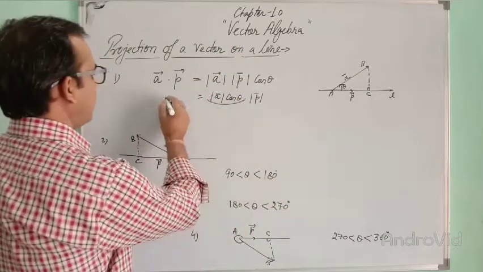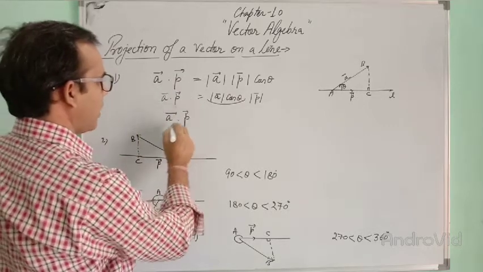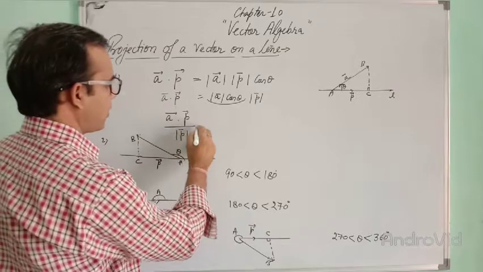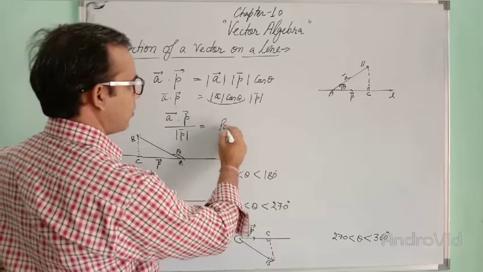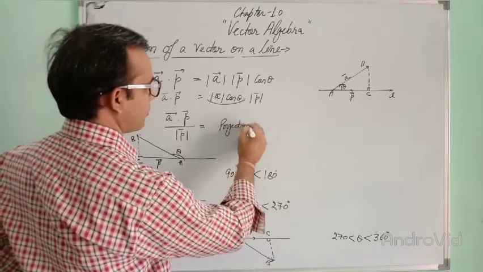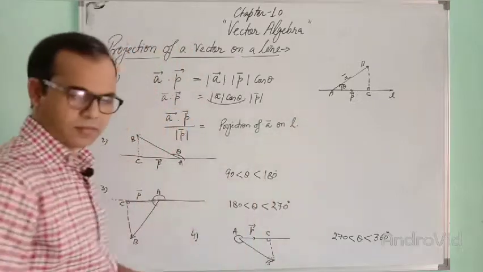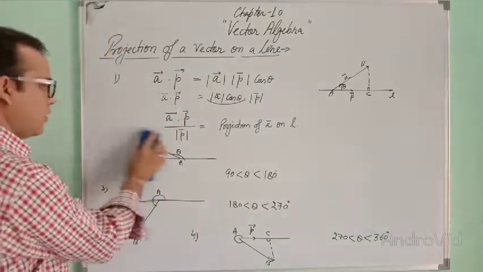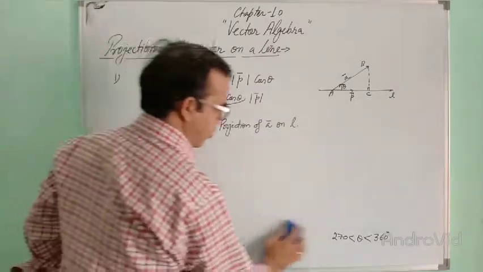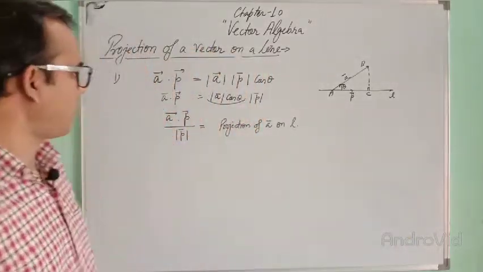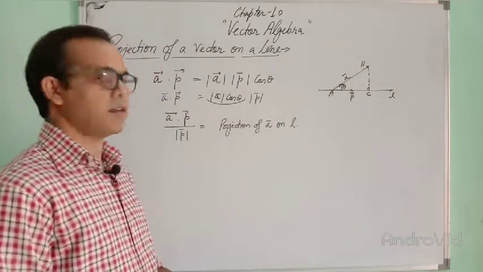So we can divide a vector dot p vector by the magnitude of p vector, then we will have the projection. You can write projection of a vector on L. So here you see that the projection of a vector a on the given line L is defined as the dot product divided by the magnitude of this p vector.